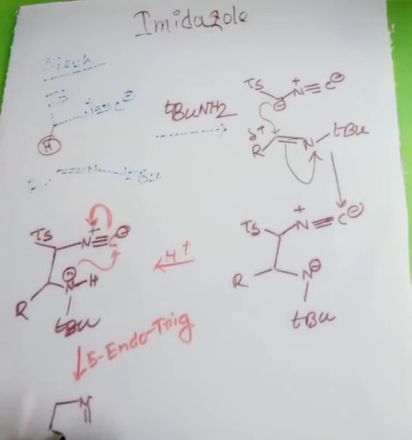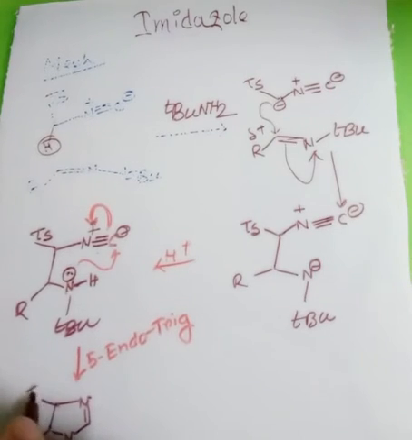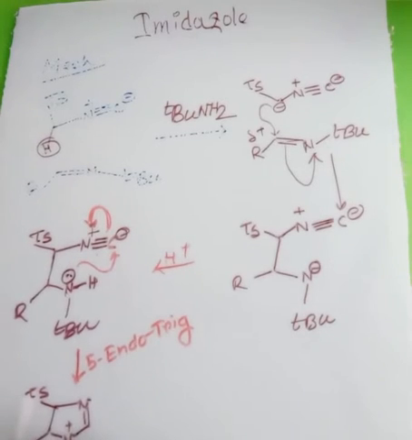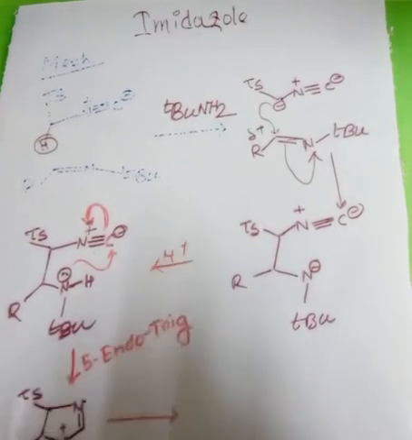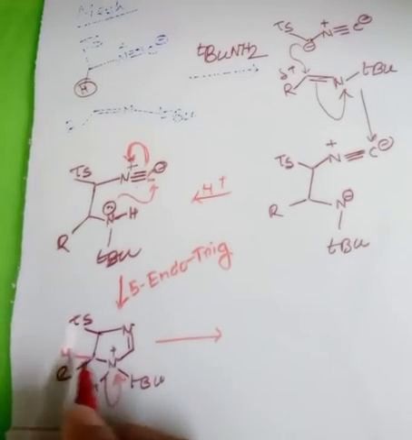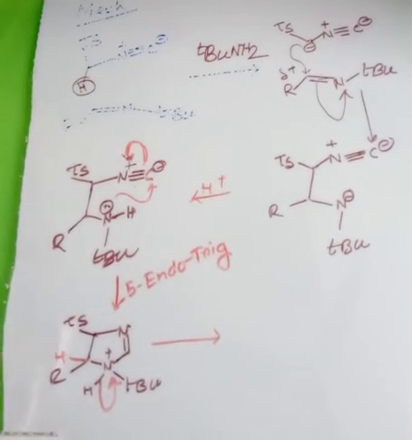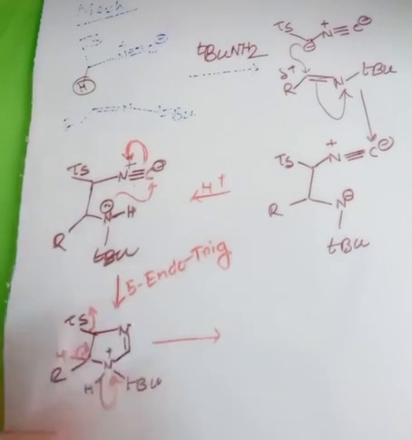and ultimately this is an imidazole structure. The tosyl group is positive, and that positive gets neutralized by this hydrogen removal. Then, as the tosyl group is also a very good leaving group, it leaves and the double bond comes.